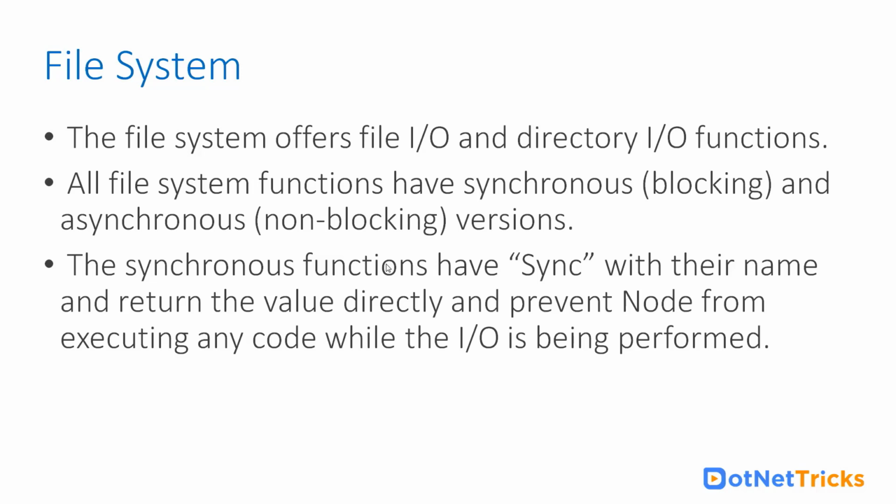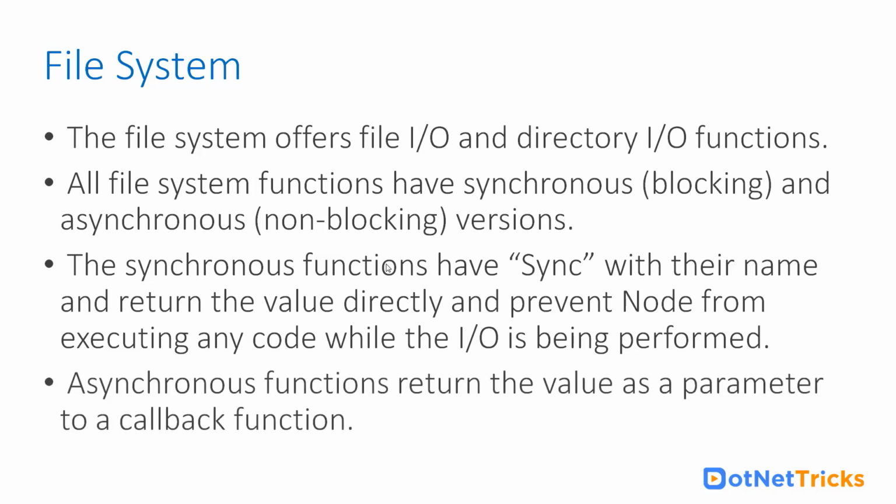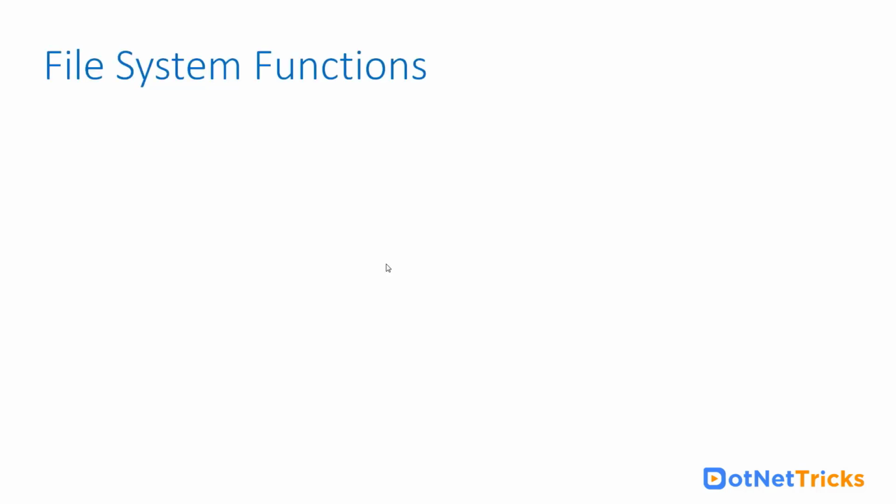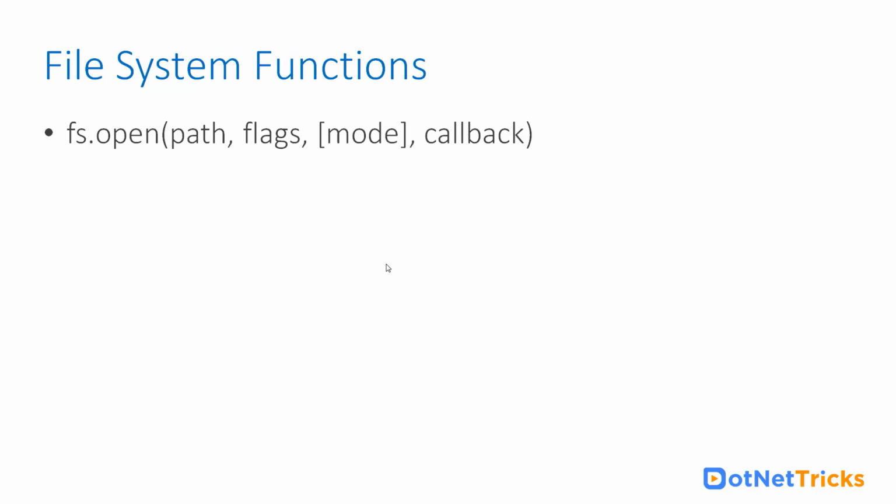Asynchronous functions will not block the IO, so you can go ahead and execute the next code. The asynchronous functions will have a callback as the second parameter, or maybe the last parameter. There are a few built-in functions available. We will see those functions, and we'll see one example as well.